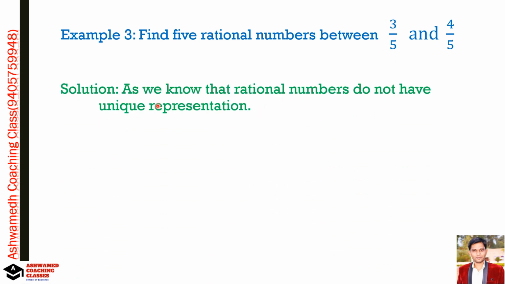As we know, rational numbers do not have a unique representation. So 3 by 5 can be written as 30 by 50, and 4 by 5 can also be written as 40 by 50.